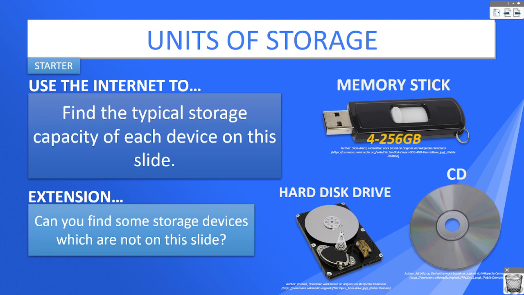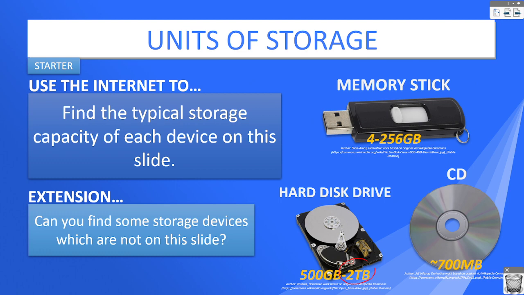So, if you think about a memory stick, you're looking at about 4 to 256 gigs. CDs are around 700 megabytes. DVDs are towards the 4 gigabyte range. Hard drives, 500 to 2 terabytes. Actually, I suspect that this figure here, that 2 terabyte, is wrong.